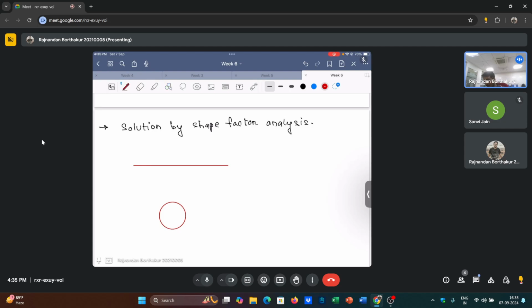If I know the diameter of this sphere, and the depth up to which the sphere is immersed inside the earth surface, and if I know the temperature of the sphere's surface as T1, and the temperature of the earth surface as T2, then you can write down the rate of heat transfer from this sphere to the earth surface as a shape factor multiplied by the thermal conductivity of the medium, K, and the temperature difference from 1 to 2.